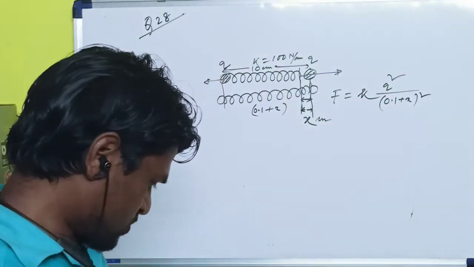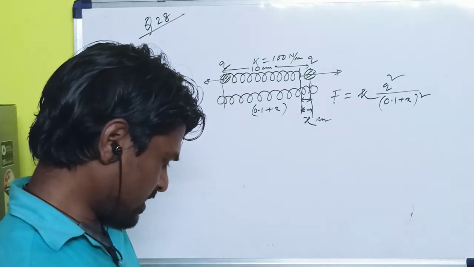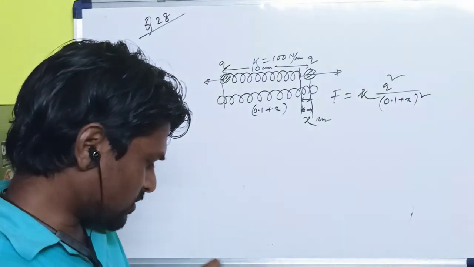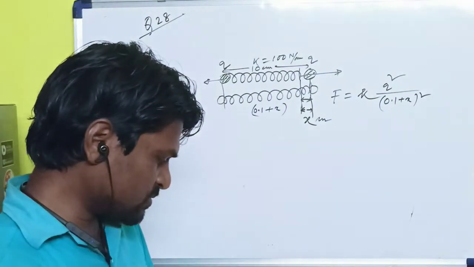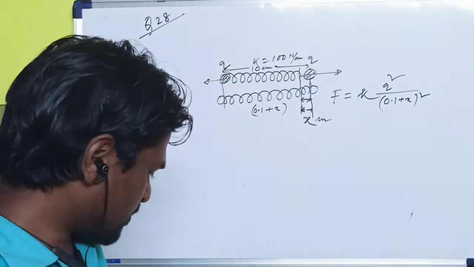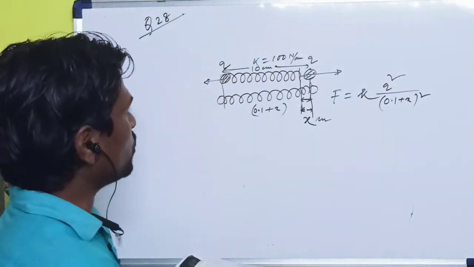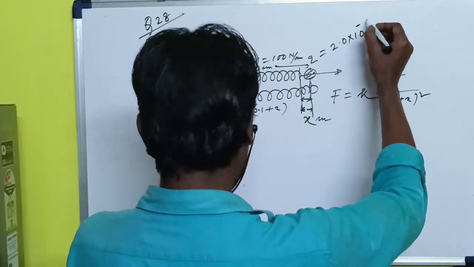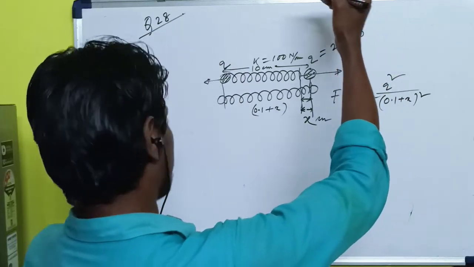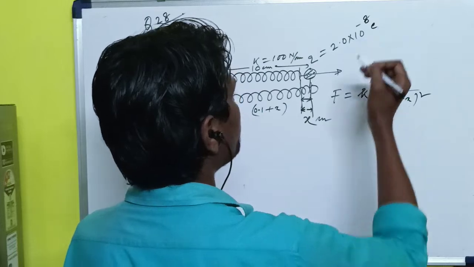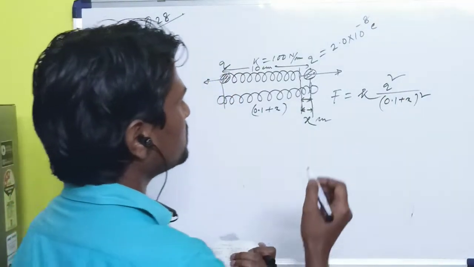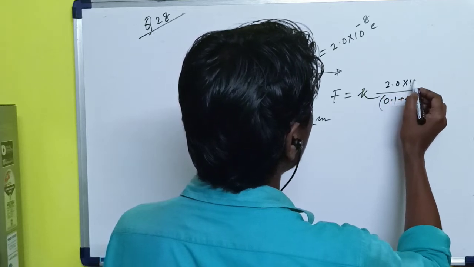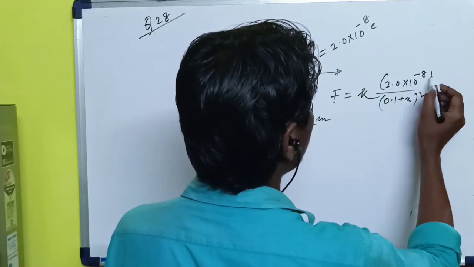The next one is, the spring is at its natural length. The system rests on a smooth horizontal table. If the charge on each particle is 2.0 into 10 to the power minus 8 coulomb, so this one is replaced by 2.0 into 10 to the power minus 8 whole square.